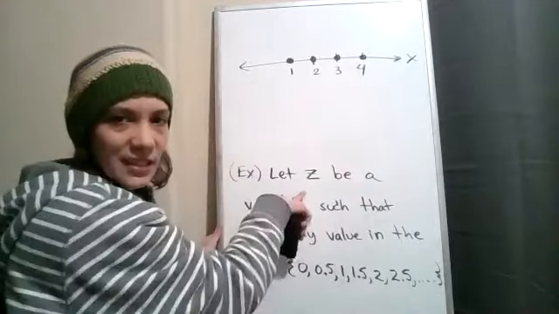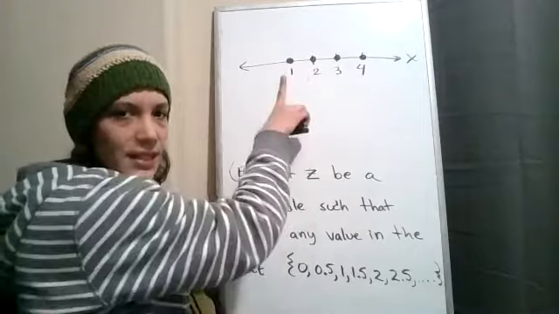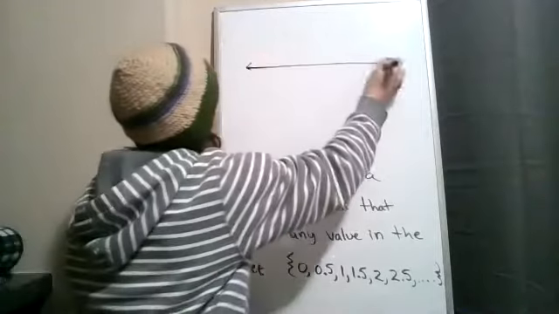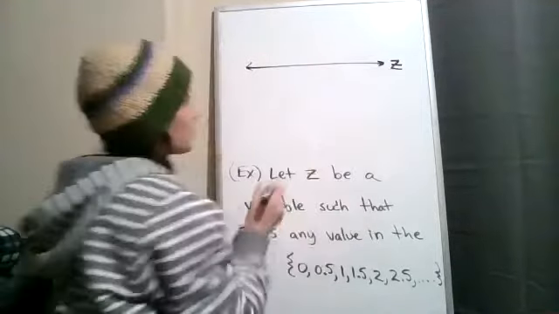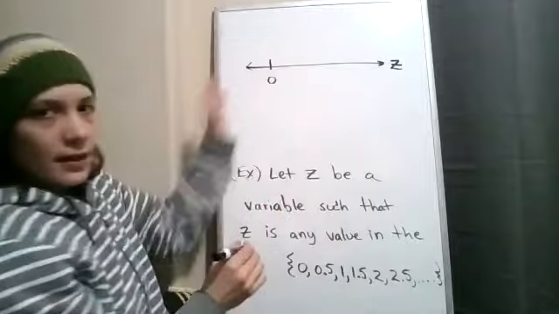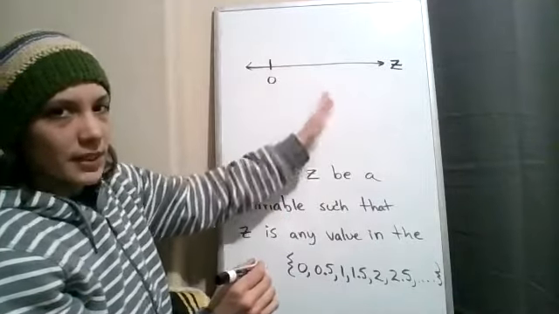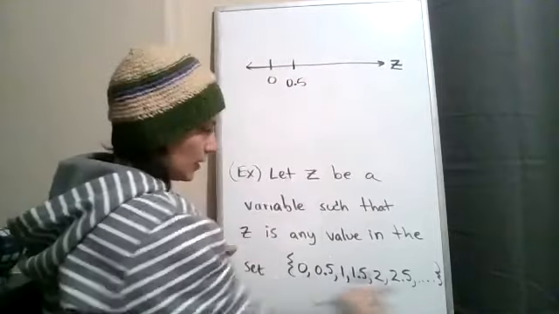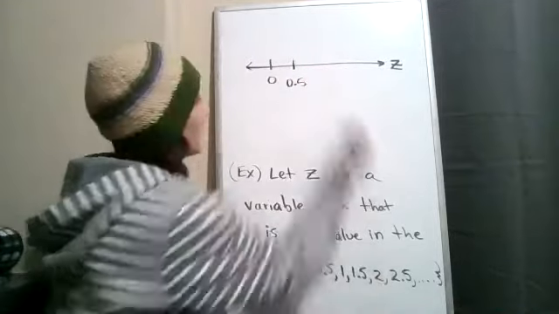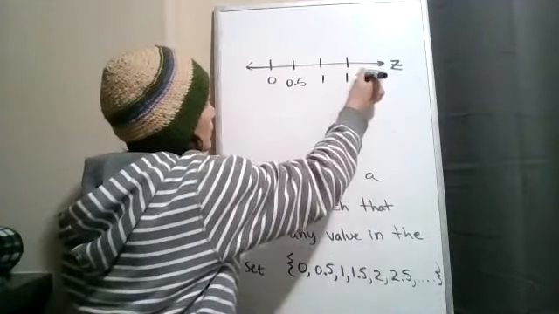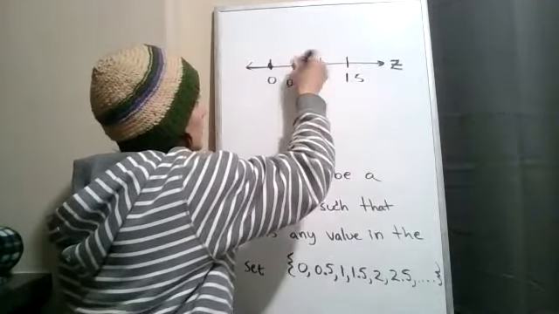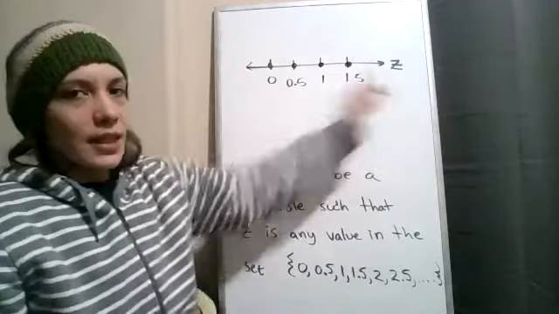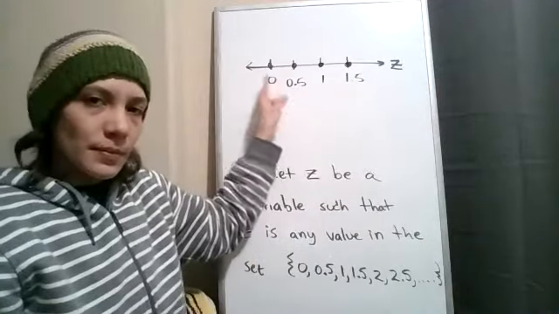Z is any value in this set, so we'll have a z on the number line. 0, and try to space out your units evenly. We'll make a few of these marks. So these values keep on going, but they are countable.